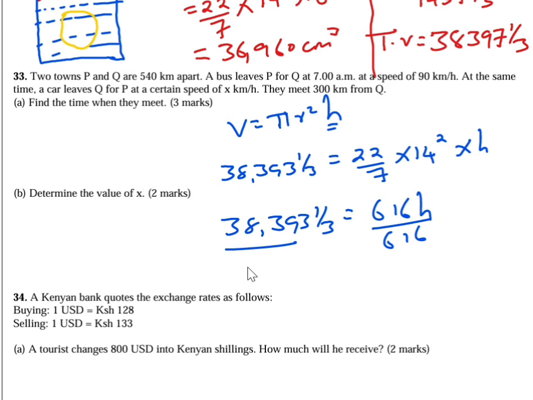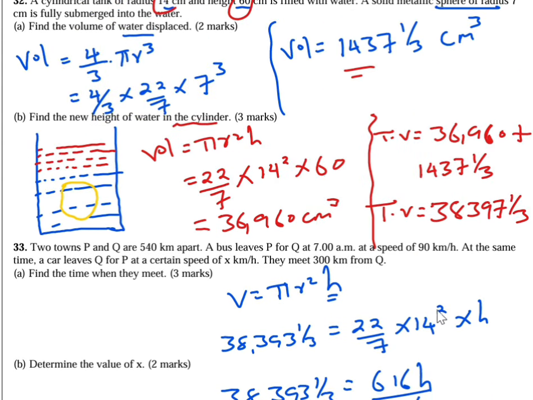Take your calculator, 38,397 and 1/3 divided by 616. You'll see our new height is 62.326, you can say 62.33 centimeters. So this is our new height. That is the answer to part B.